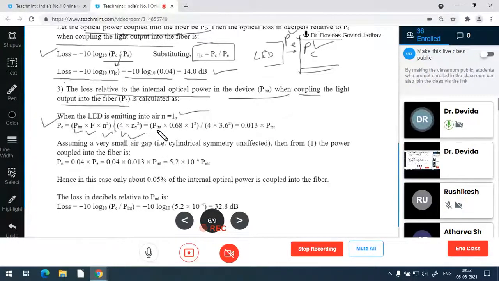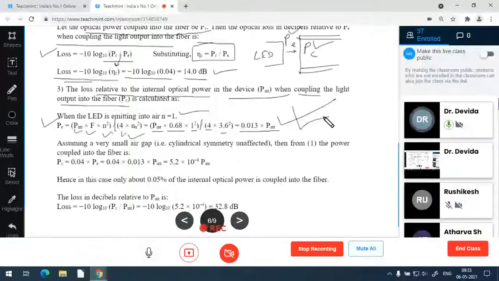This is the formula. P internal will stay as it is. We substitute F as 0.68, N as 1, divided by 4, and Nx as 3.6. We get 0.013 times P internal. We calculated this same thing in the previous problem.